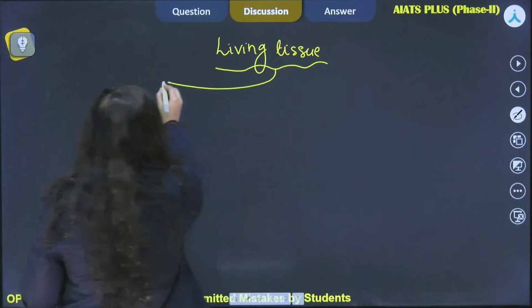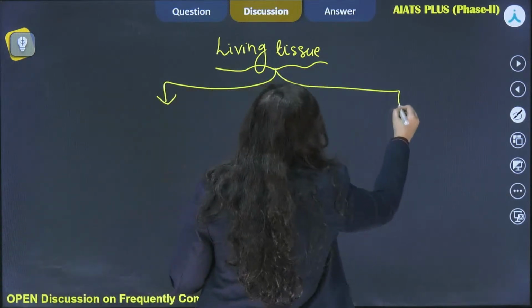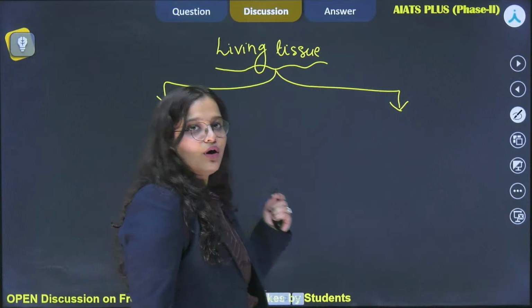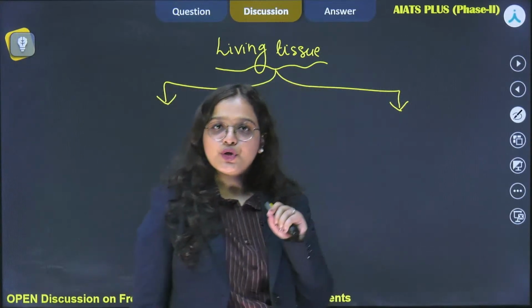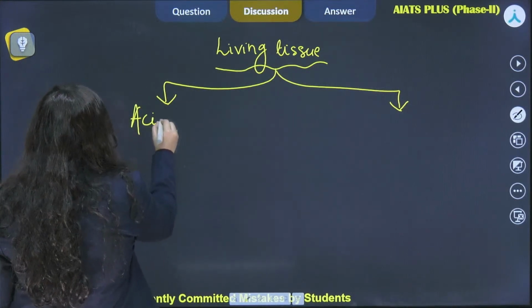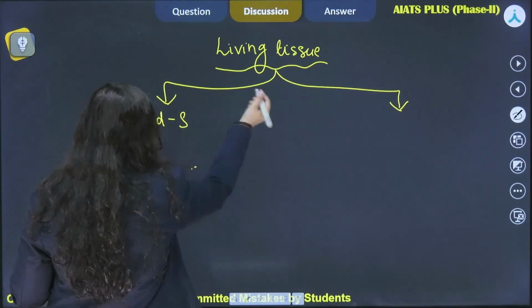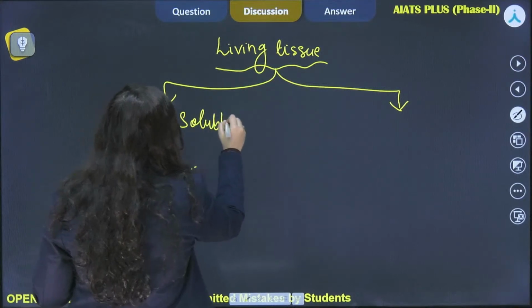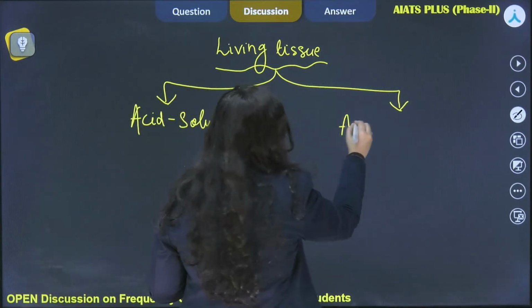So, just like that, when we are straining the slurry we get two fractions which are named as the acid soluble fraction and the acid insoluble fraction.